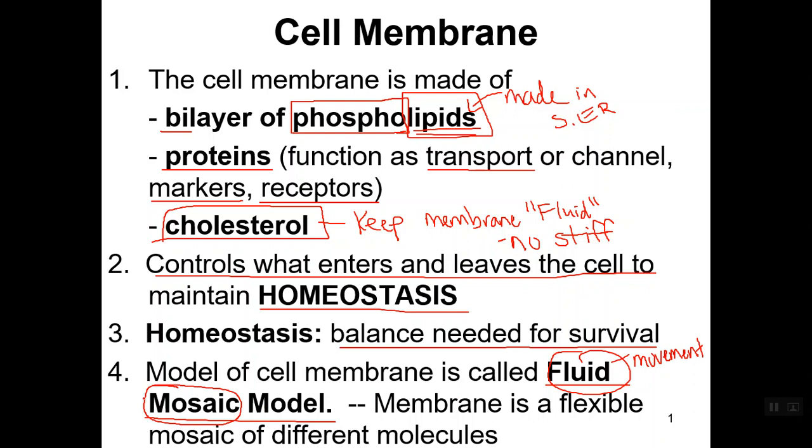If you take an art class and make a mosaic, you have a whole bunch of different components, maybe different shapes or colors, arranged into a mosaic pattern. Because there are so many things in the cell membrane, including phospholipids, proteins, and cholesterol, these are like little pieces of a mosaic artwork. So we call it the fluid mosaic model.